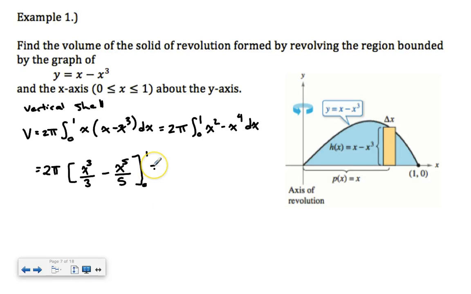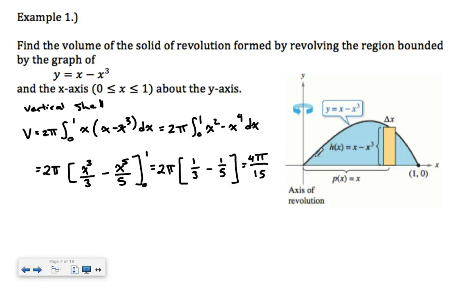So this is going to be 2 pi times 1/3 minus 1/5. And without having to deal with cleaning it up, this is actually going to be equal to 4 pi over 15. So the volume of the solid, when we rotate this curve around the y-axis, is going to be 4 pi over 15 cubic units.